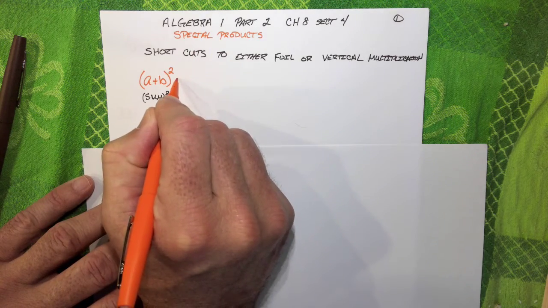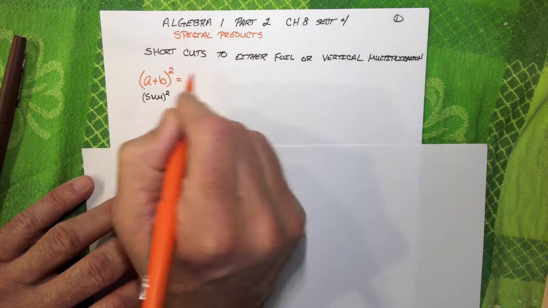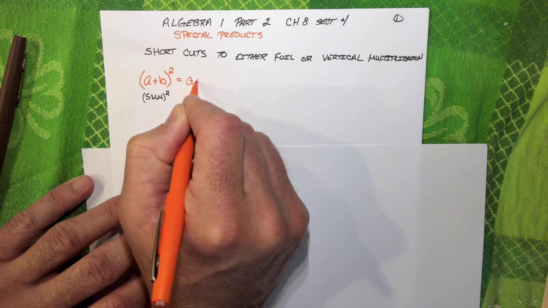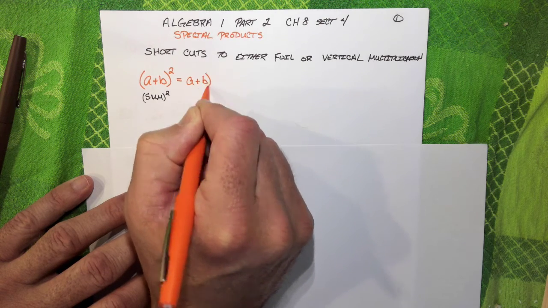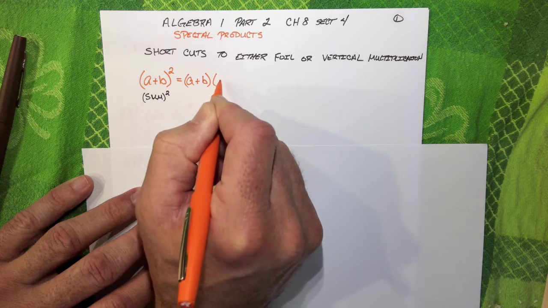Here's what this means. I'll be underlining what the shortcut is. Squaring something, take something times itself.